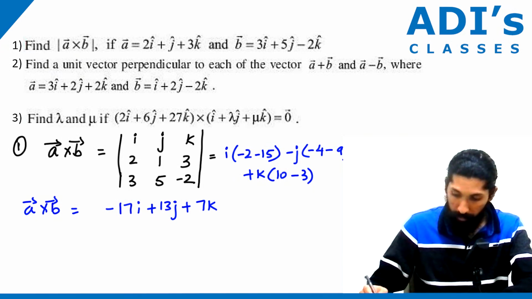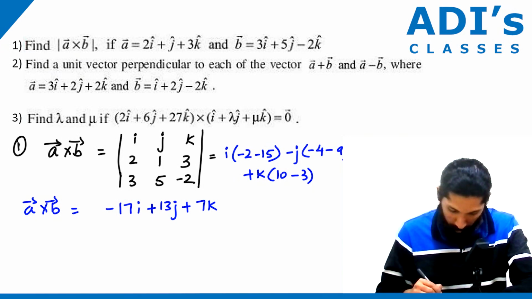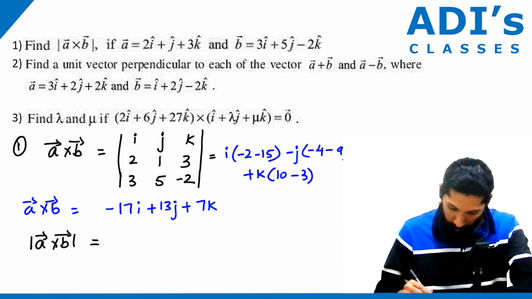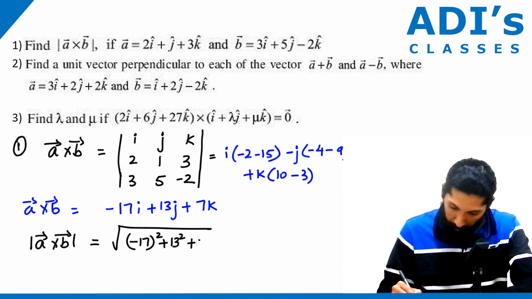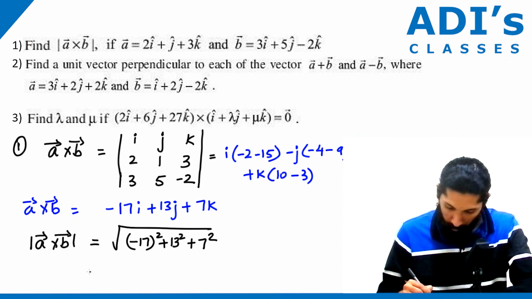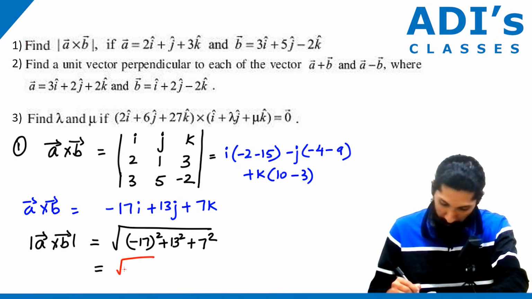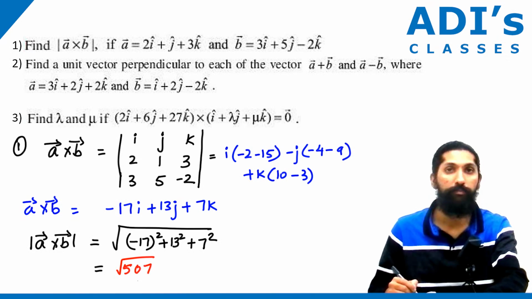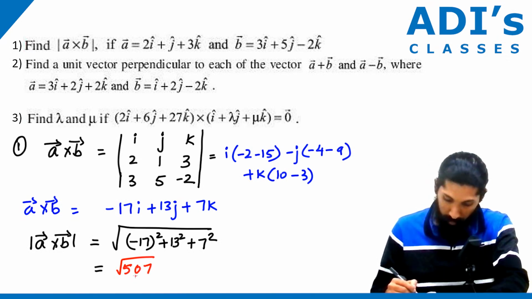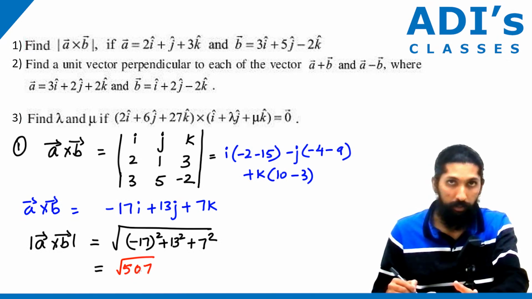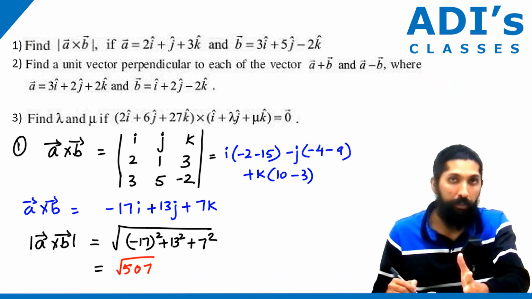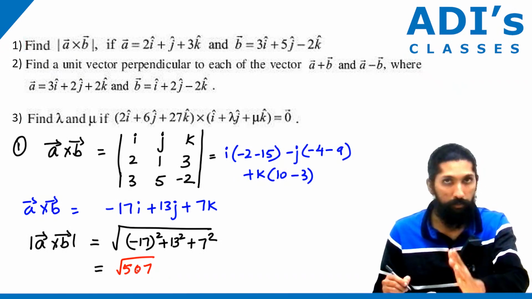So the mod of A cross B becomes root of minus 17 square plus 13 square plus 7 square, which is basically root of 507. So the magnitude of A cross B becomes root of 507.